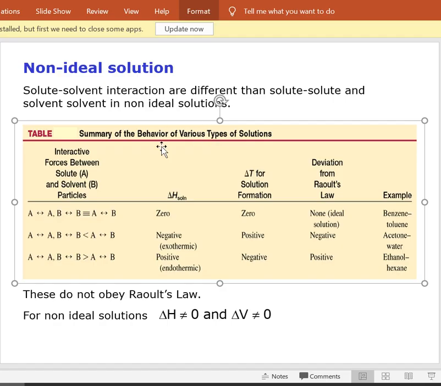For example, acetone and water show the positive deviation.